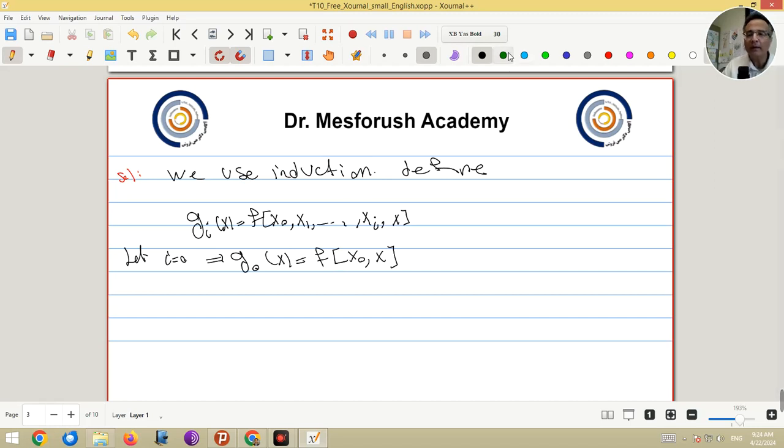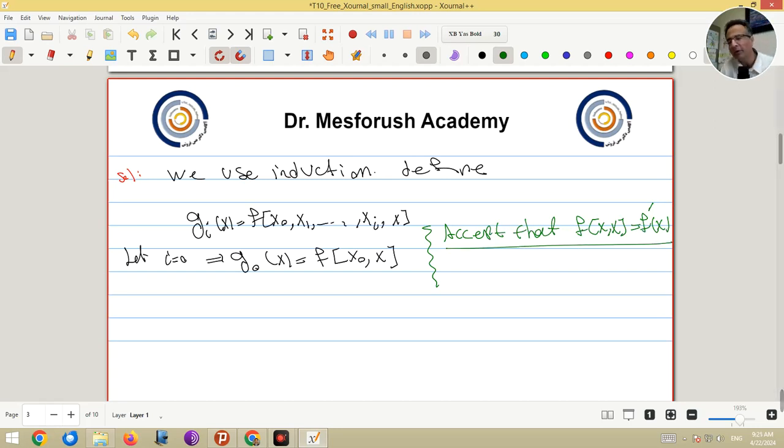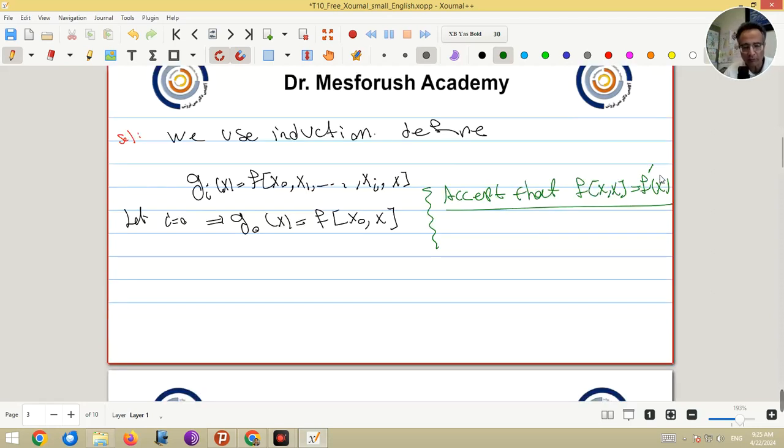Let me tell you something here. Accept that f of x and x will be equal to f prime of x. We can prove it. The proof of this equality is not difficult. You can use the definition of the derivative and the divided difference and prove it easily. So let me accept this one. Now we have to compute two things.